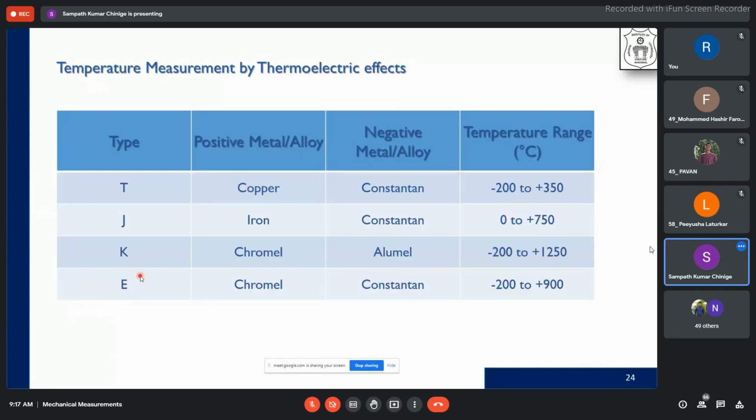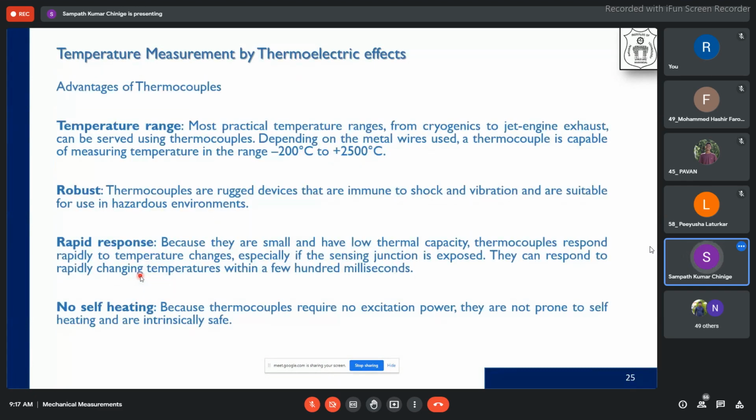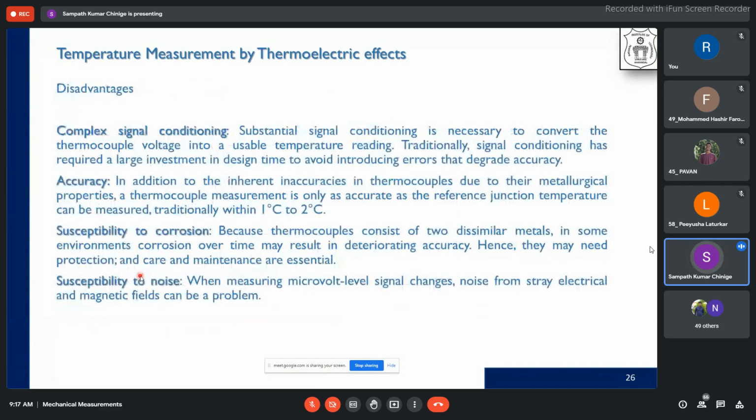We have discussed the most used thermocouples, the materials they are fabricated from, the temperature range in which they work properly, and the advantages and disadvantages of thermocouples.